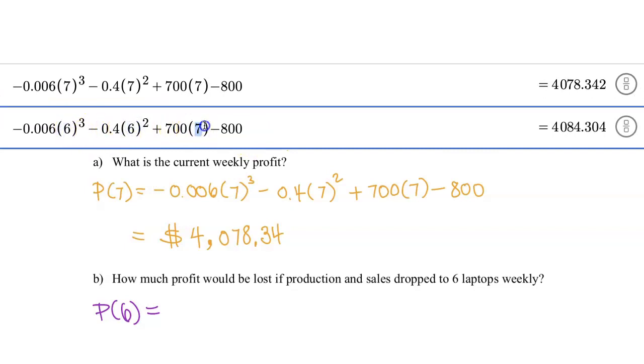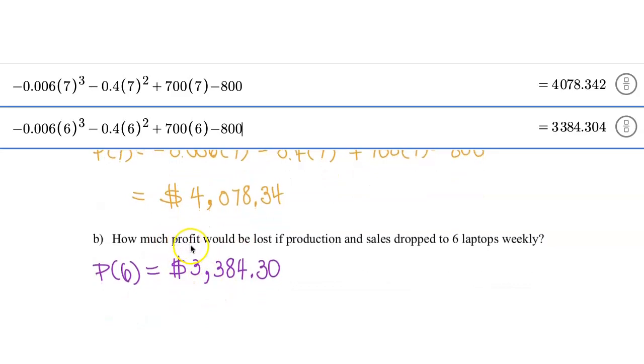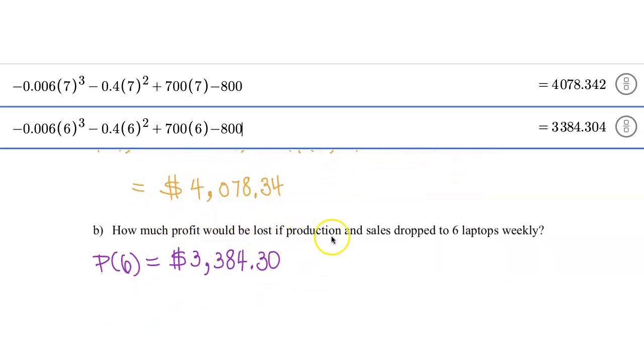What will happen if they make 6 laptops? Their profit went down to $3,384.30.